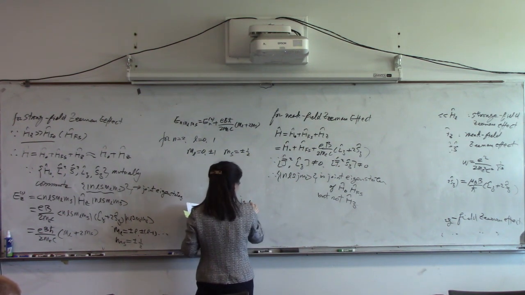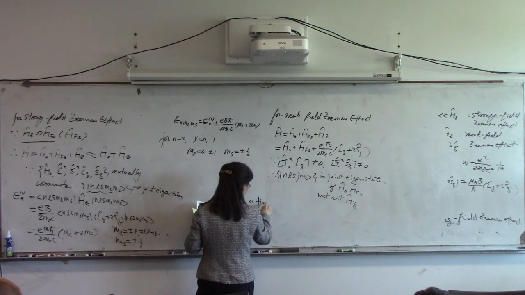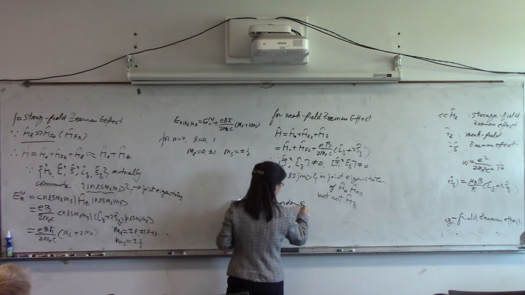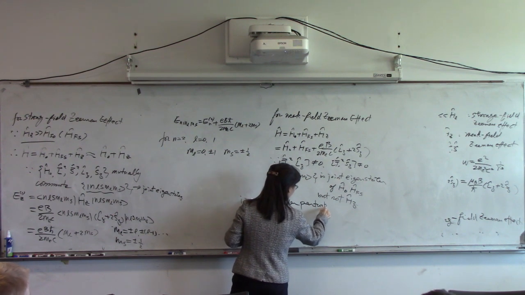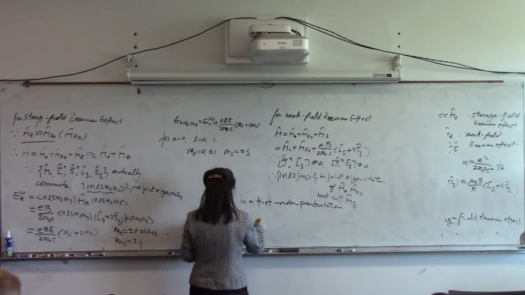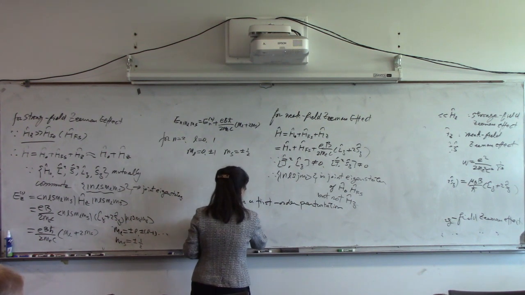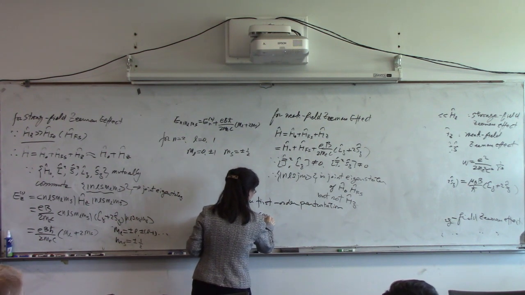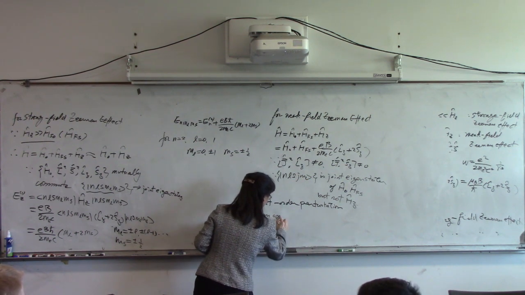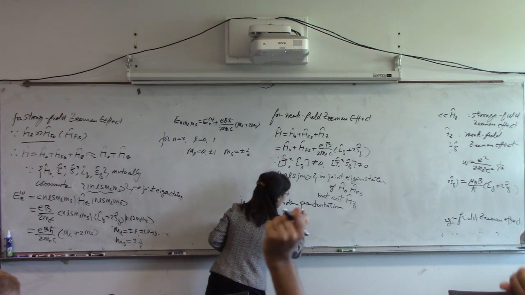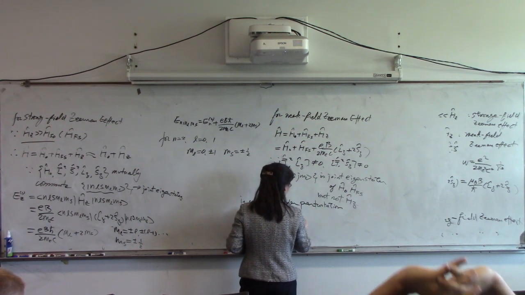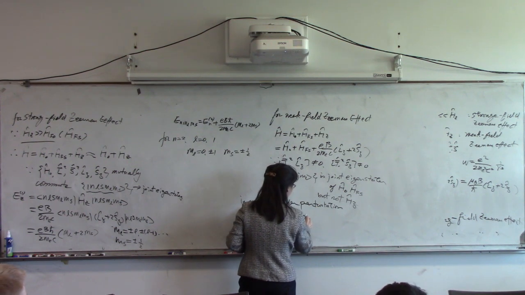So in first order perturbation, we still can use this joint eigenstate for H naught and H fine structure as the basis or starting point.